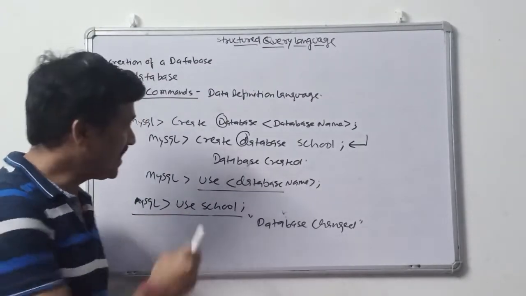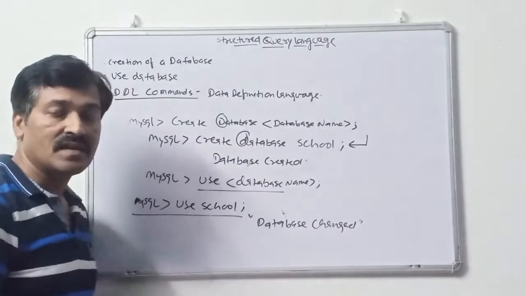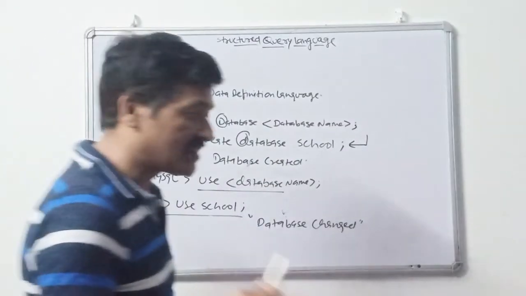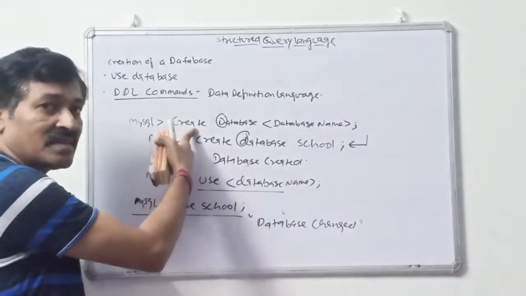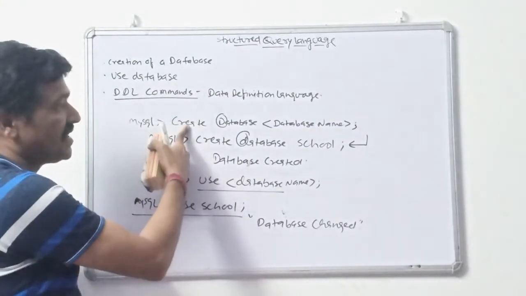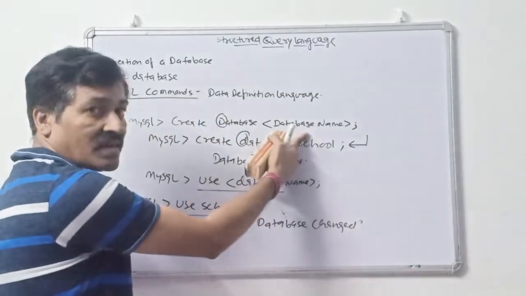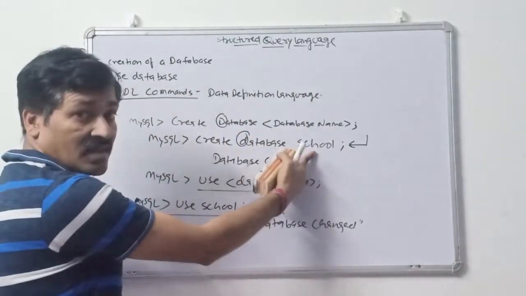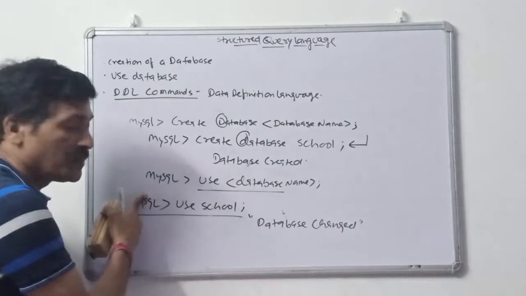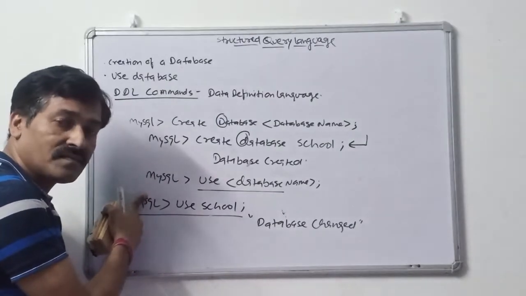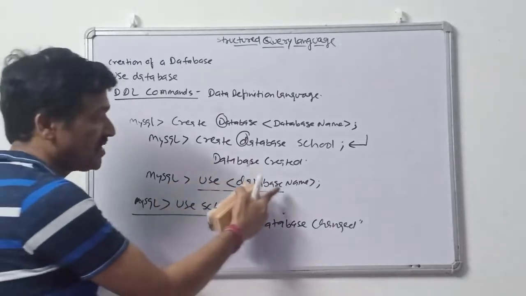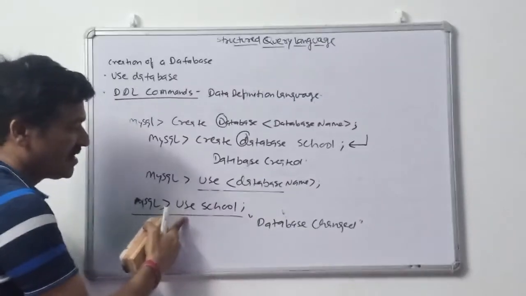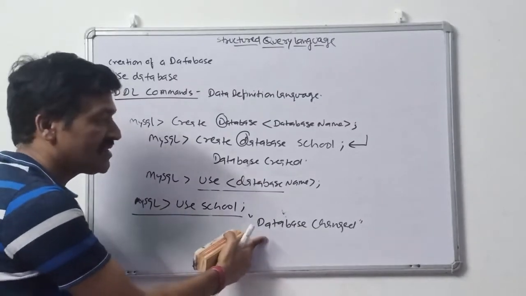So the database created by using the create database command will be used later on. To create the database, we use create database name, create database school. To operate upon the database, we use the use command. Use database name. We write use school. So the database is changed.